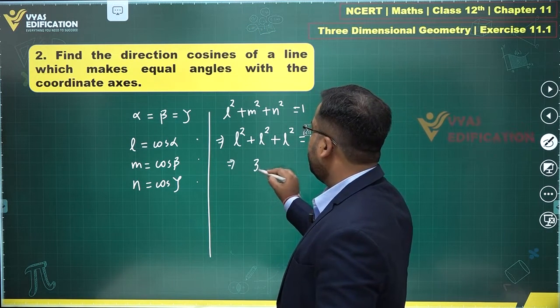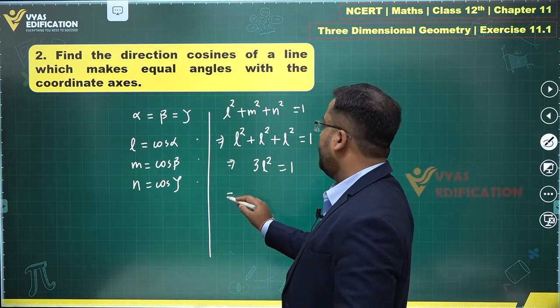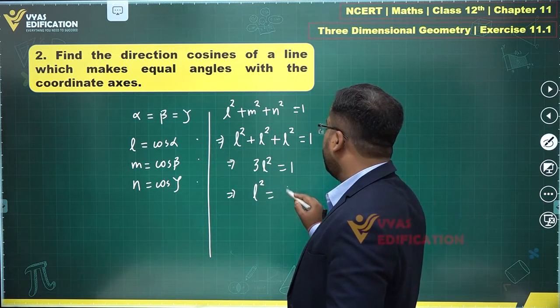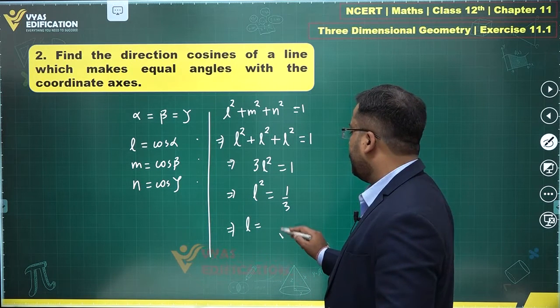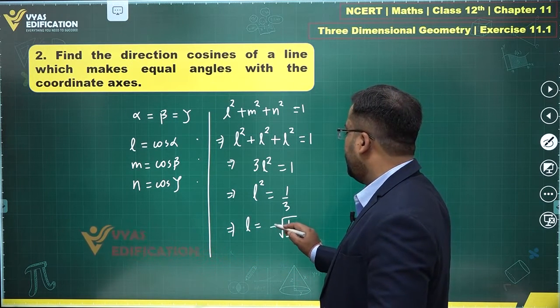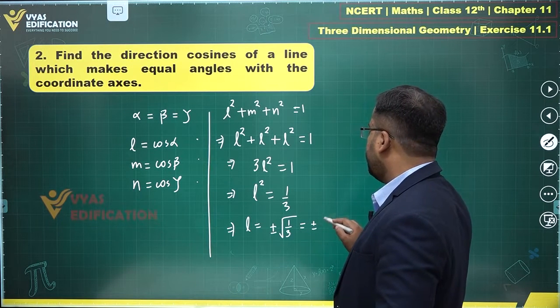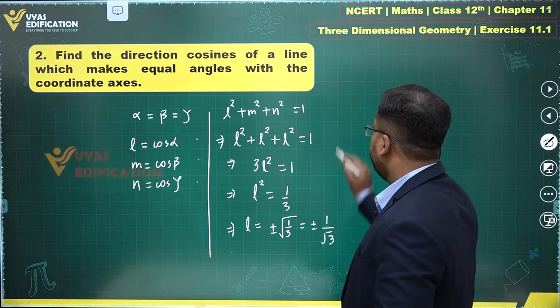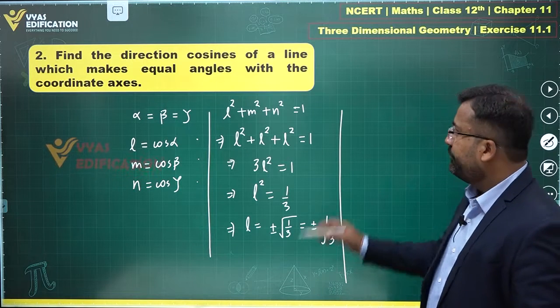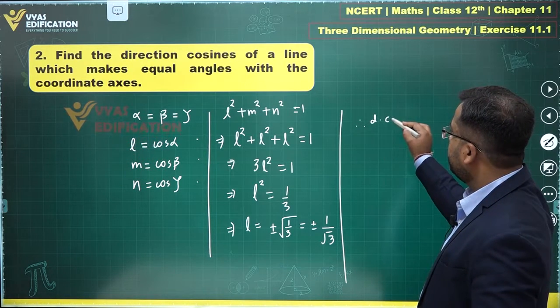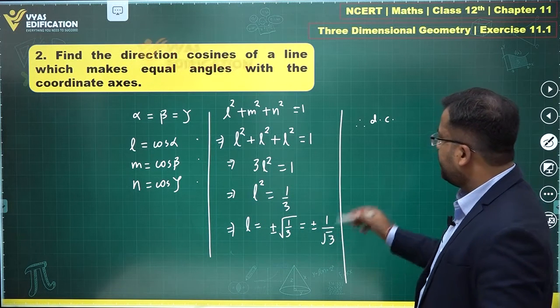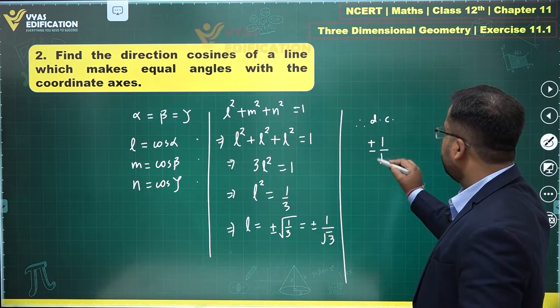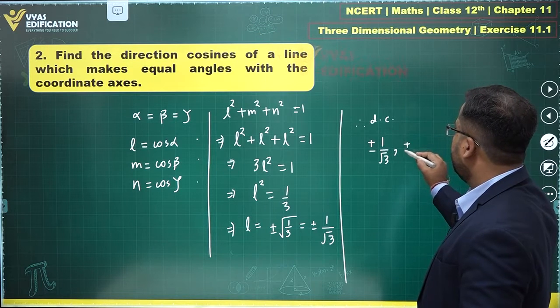This tells me 3L square will be equal to 1, or L square will be equal to 1 by 3. L will be equal to plus or minus 1 upon square root of 3. And therefore, direction cosines can be written as L, M, N, where M and N are exactly the same as L.